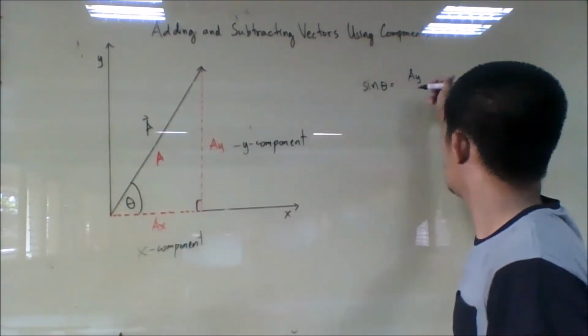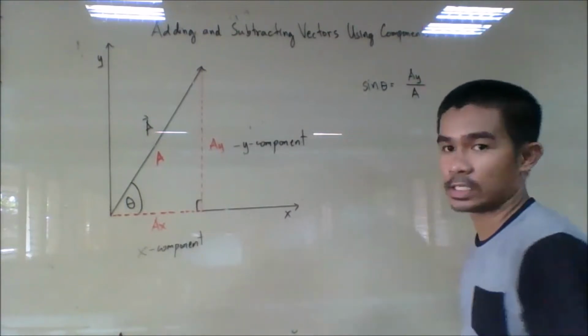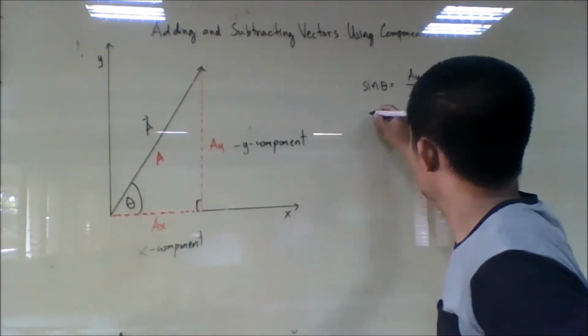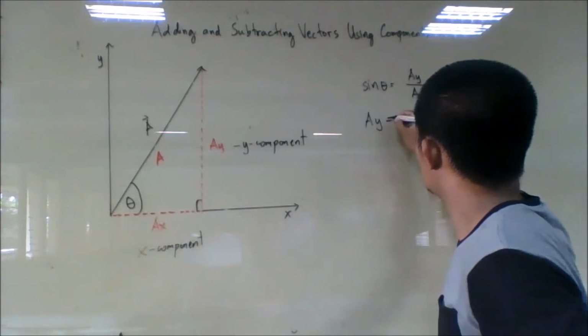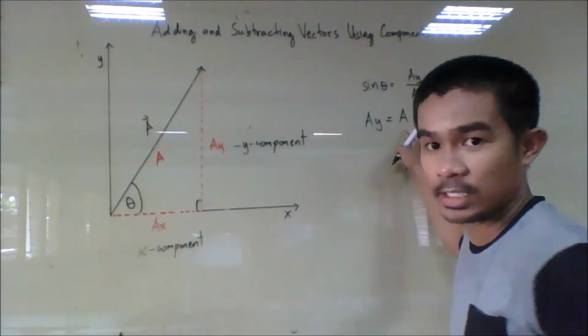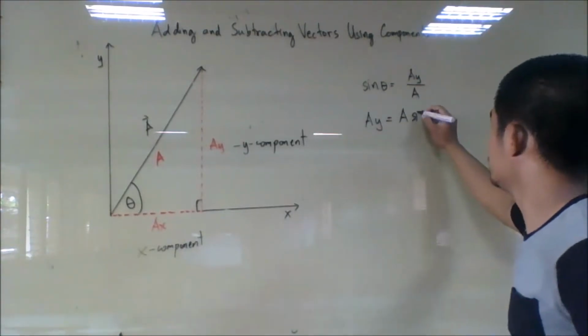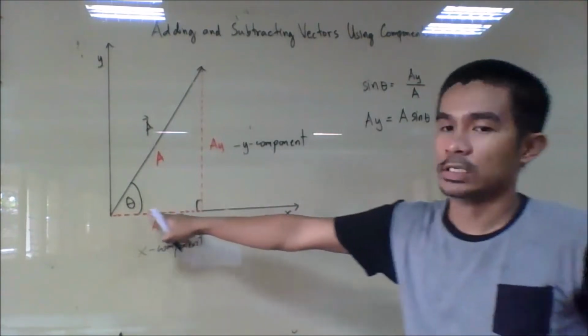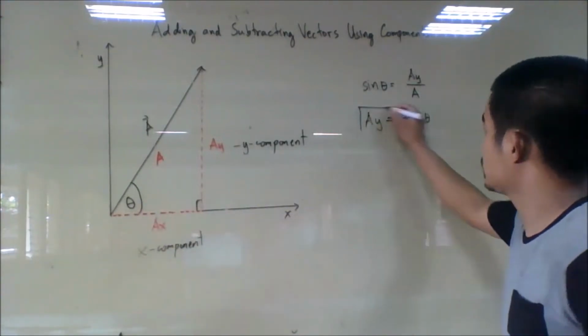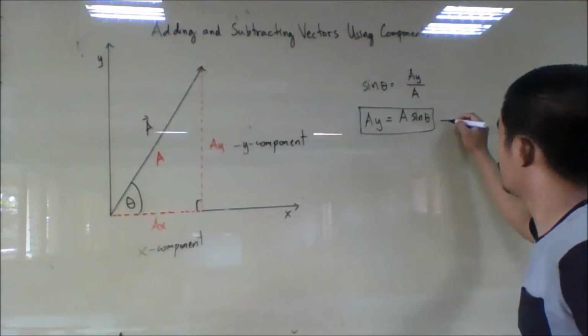So we have Ay over A, or Ay equals the magnitude A sine of this angle theta. So this is the magnitude of the y component.